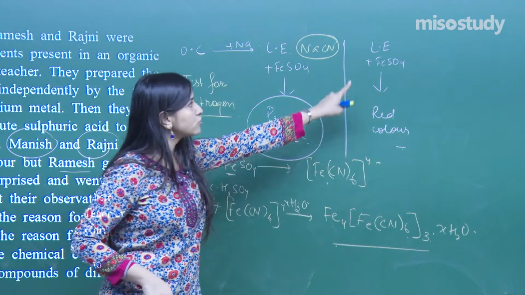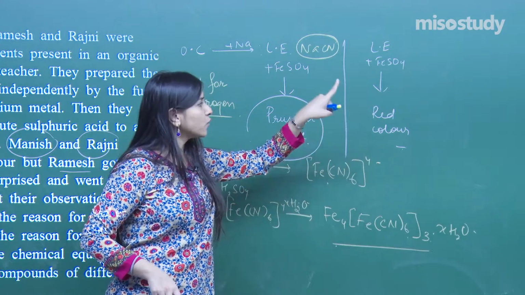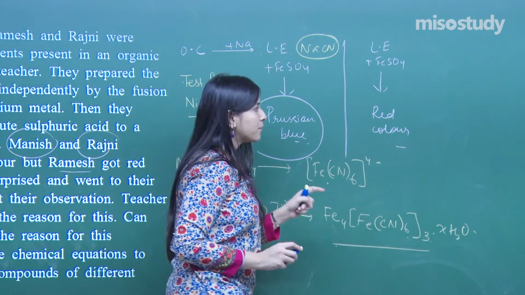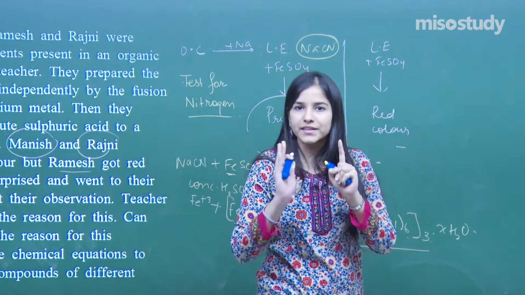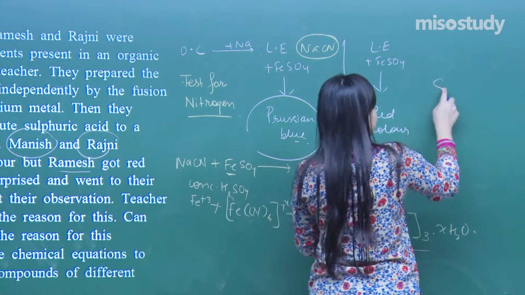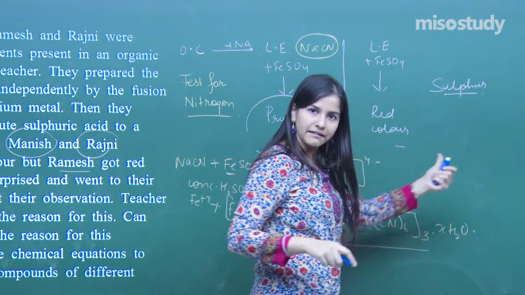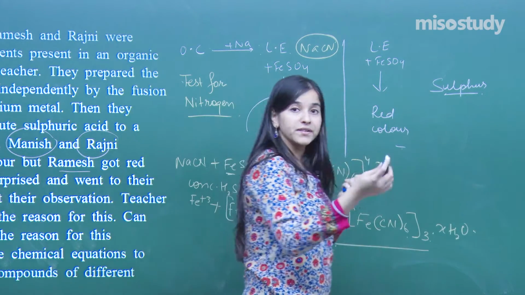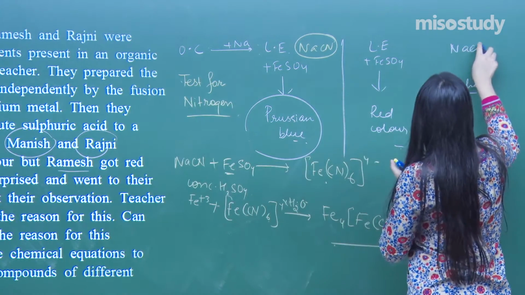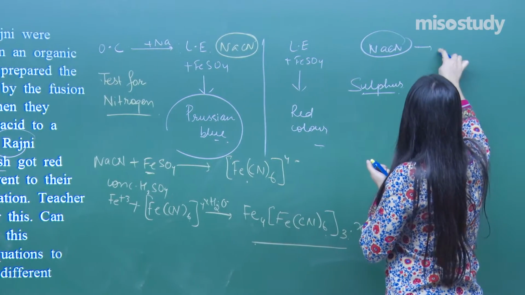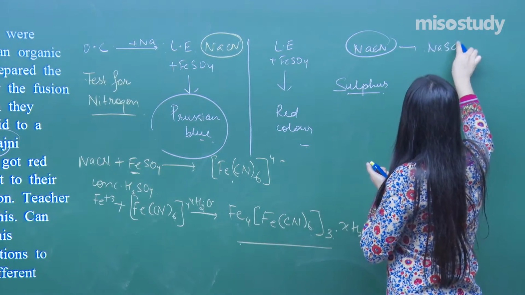Now coming on to why they obtained the red color. If along with nitrogen there is the presence of sulfur, sulfur creates a hindrance in this test. So basically, instead of NaCN getting formed in the Lassaigne's extract, what is formed is NaSCN.